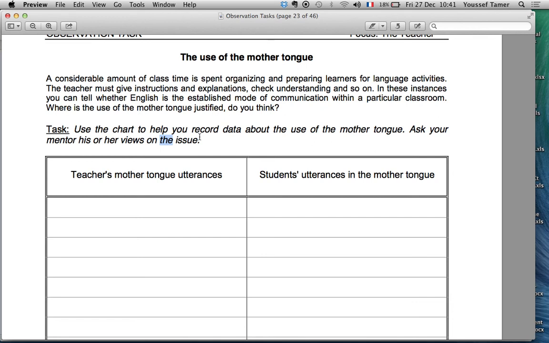And also, you can investigate the different types of contexts where the code switching takes place, because, according to my article, I divided classroom discourse into events.